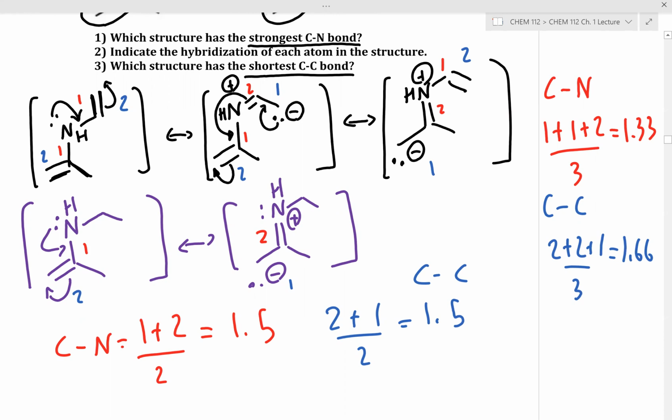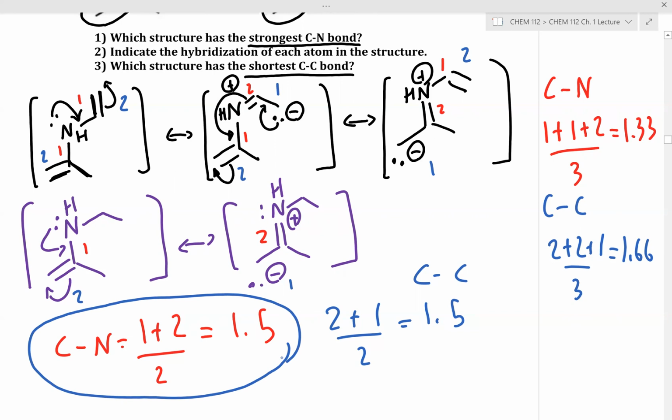In which structure do we see the largest bond order for our carbon-nitrogen bond? Which one? The structure on the top or the bottom? Bottom, yep. So we'd expect the structure on the bottom to have the strongest carbon-nitrogen bond.